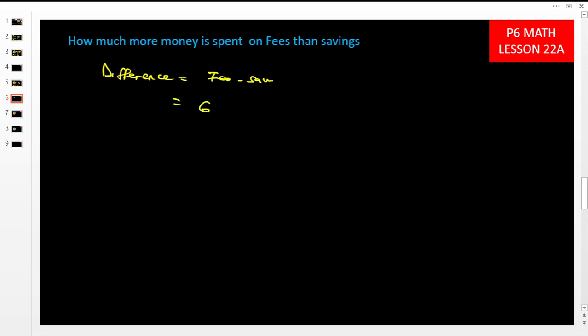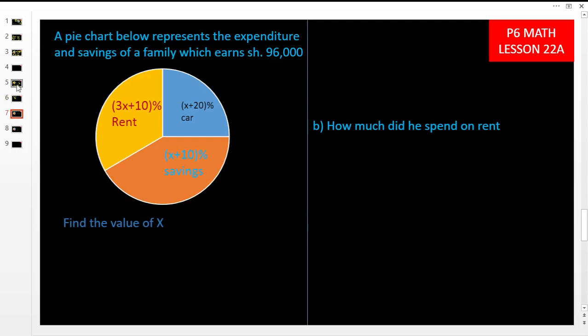On fees he spent 60,000 shillings. Take away the 30,000 for savings. So there he spent 30,000 more on fees than on savings.